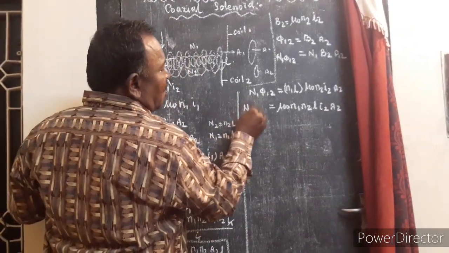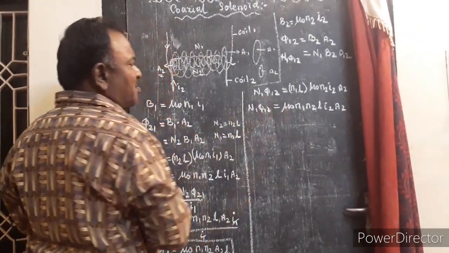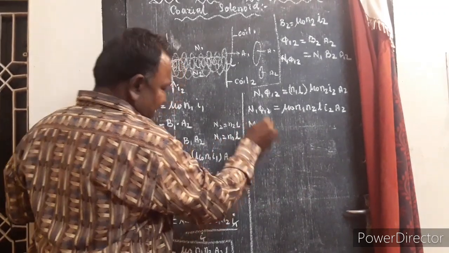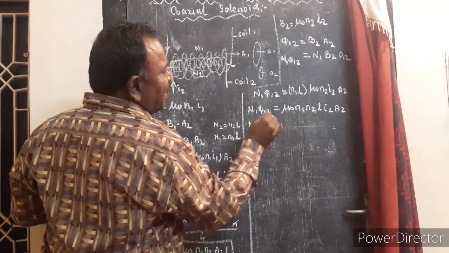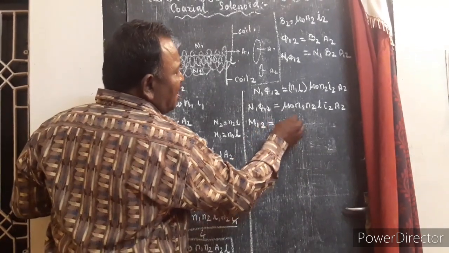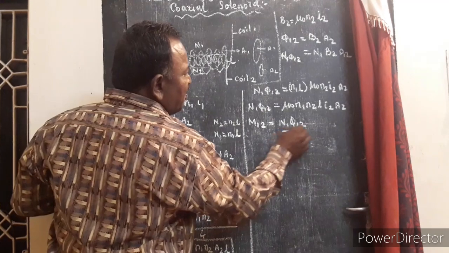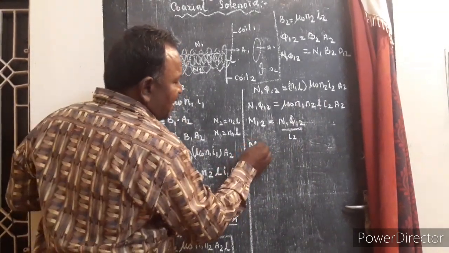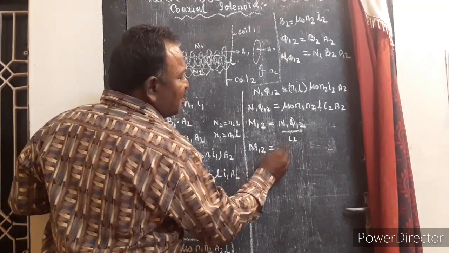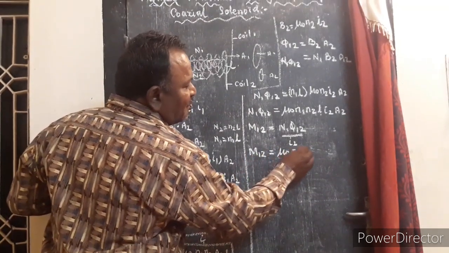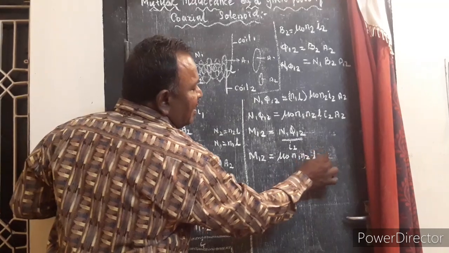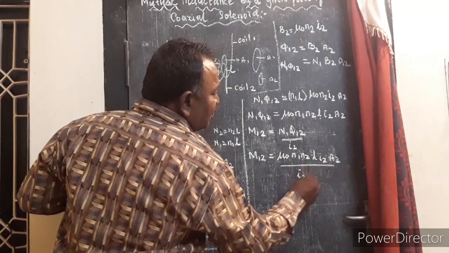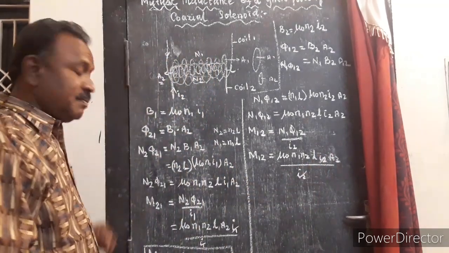But according to the expression, the mutual inductance of the first coil with respect to the second coil is given by M12 equal to N1 phi 12 by I2. Substituting this value, we will have M12 equal to mu naught n1 n2 L I2 A2 by I2. I2 gets cancelled.